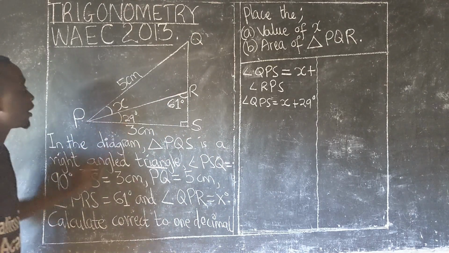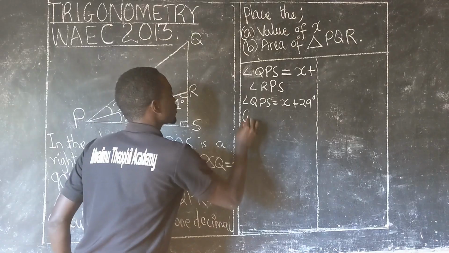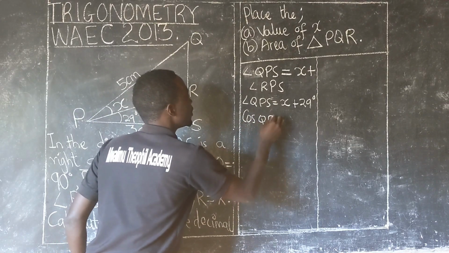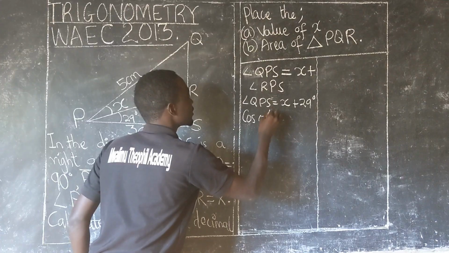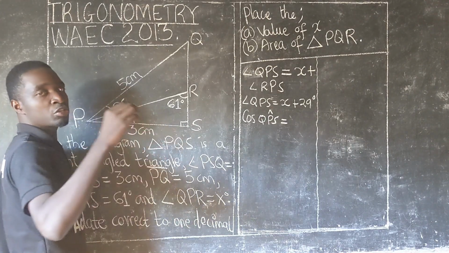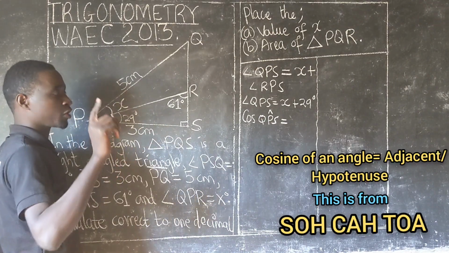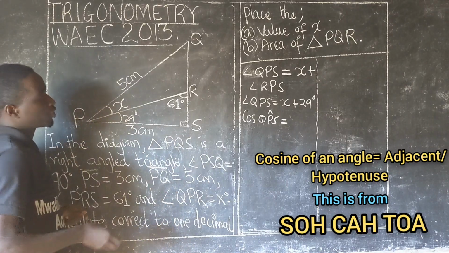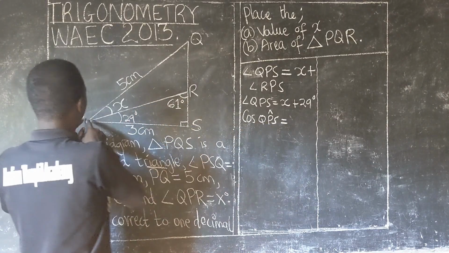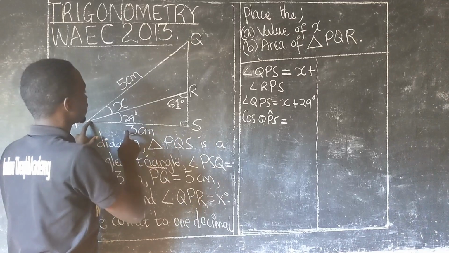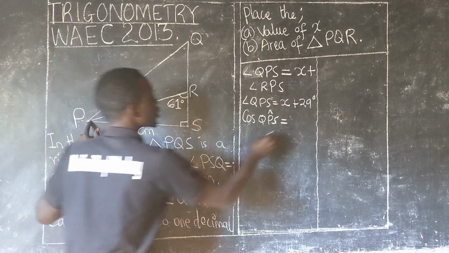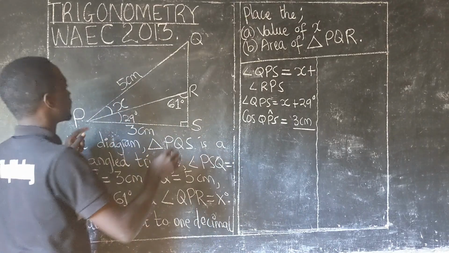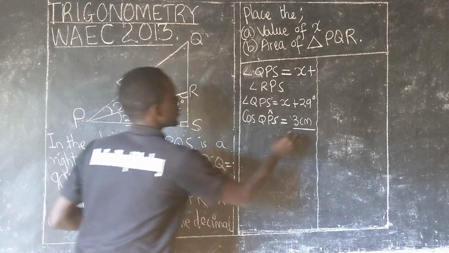Cosine of angle QPS is equal to adjacent over hypotenuse, which is used for all right-angled triangles. The adjacent is 3 centimeters, and we divide by the hypotenuse, which is 5 centimeters.